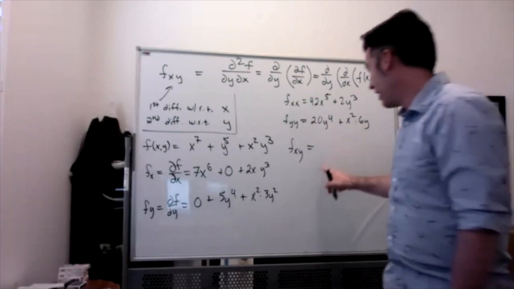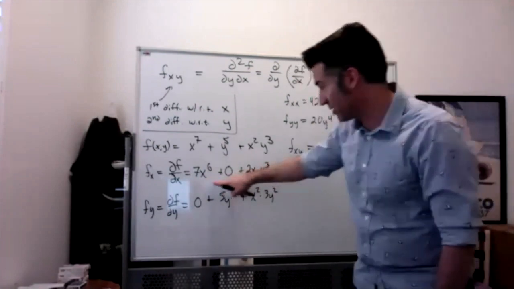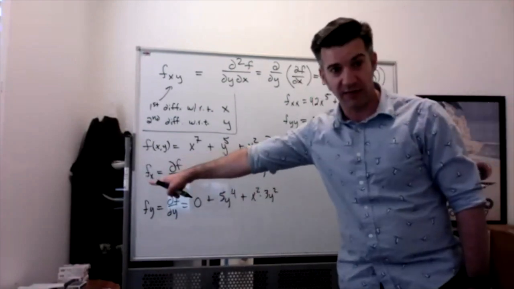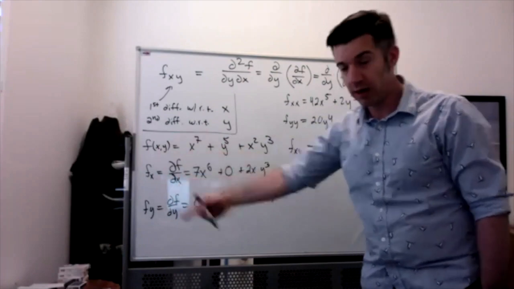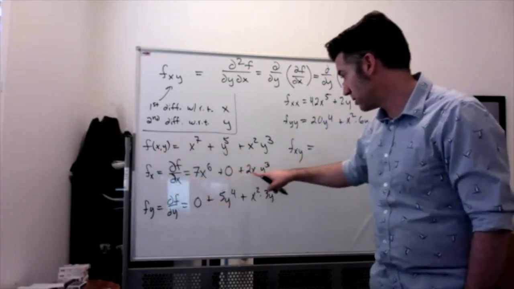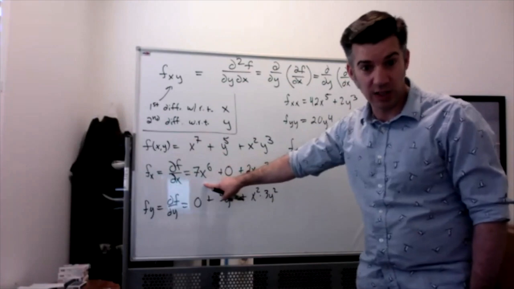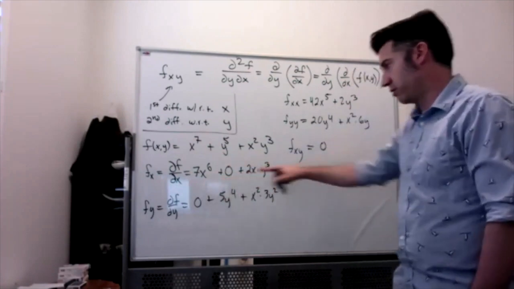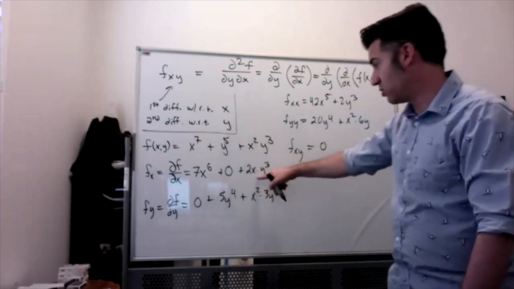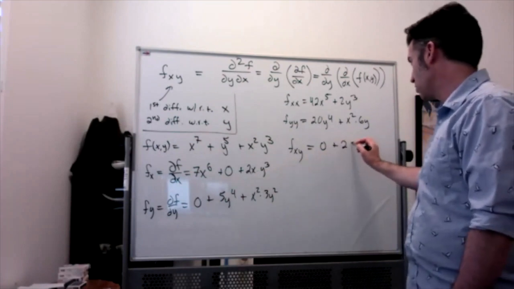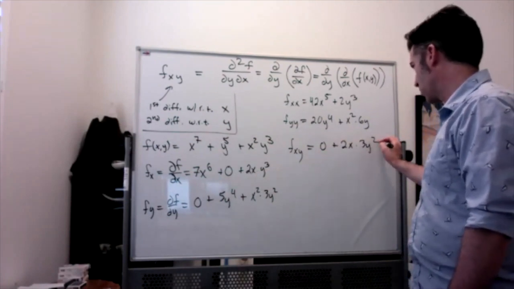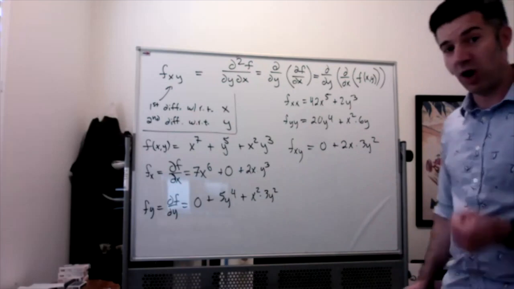It's all right. fxy, we're taking the derivative with respect to y now. So we're looking at fx first and then differentiating with respect to y. So we get, let's see, the derivative of 7x to the 6th is 0, so the 0 is gone, and the derivative of 2xy cubed is going to be 2x times 3y squared. And then we hope, right?